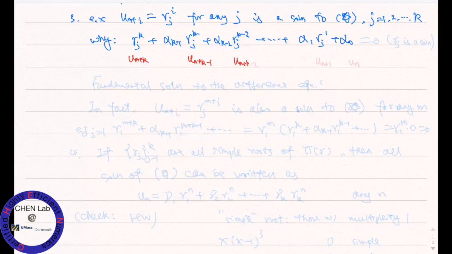Here is u_{m+k-2}, here is u_{m+1}, here is u_m. And this is of course 0 because r_j is a root. It's a 0, for any fixed j.